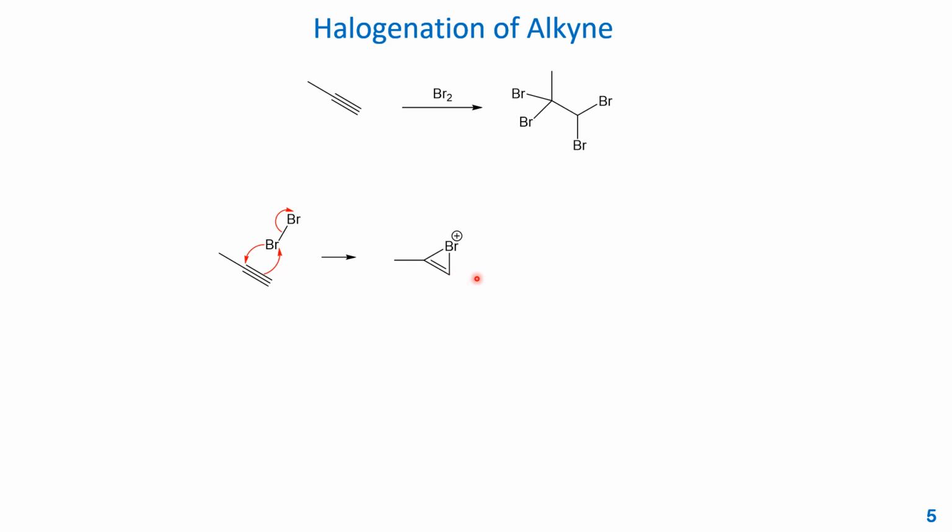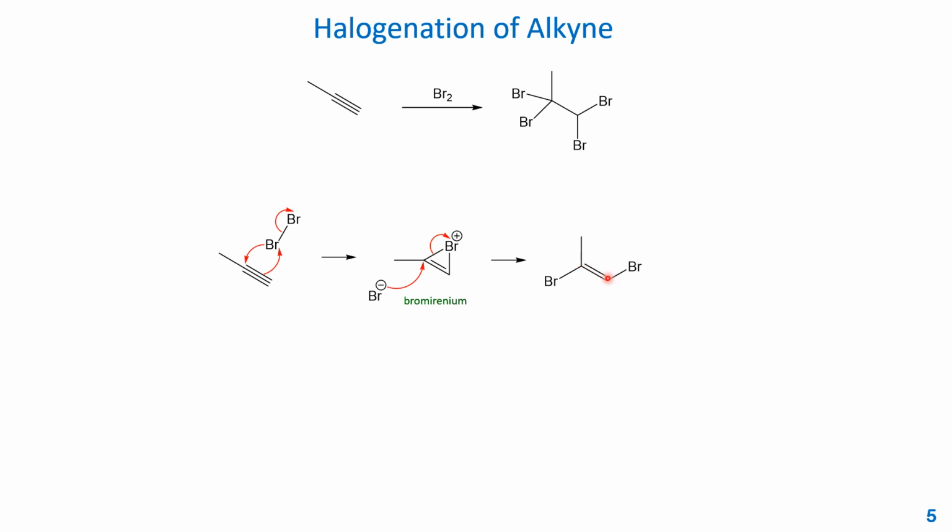Similar to the bromonium, but this time it's called bromirenium. And then the bromide from the first step will be the nucleophile, will attack this carbon and open this ring, and form this dibromide. It's an alkene. So you still have another pi bond here.